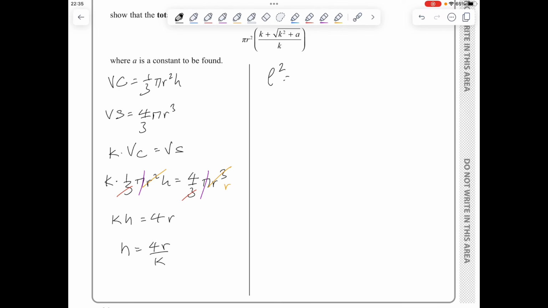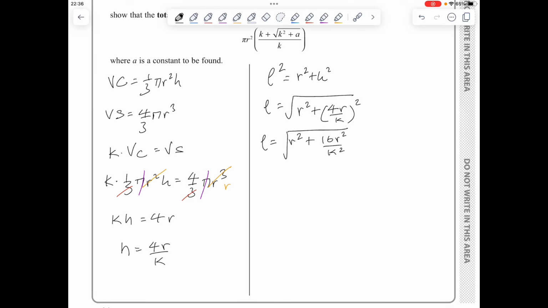L squared is equal to r squared plus h squared. So L is equal to the square root of r squared plus, instead of h, I will use 4r over K, squared. So L is equal to the square root of r squared plus 16r squared over K squared.